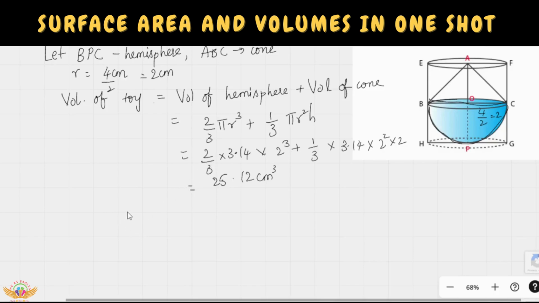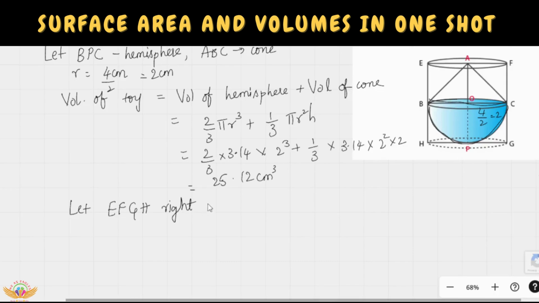Now let us find out the cylinder. We found the inside part, so let us find out the volume of the cylinder now. What is a right circular cylinder? Let EFGH be the right circular cylinder.